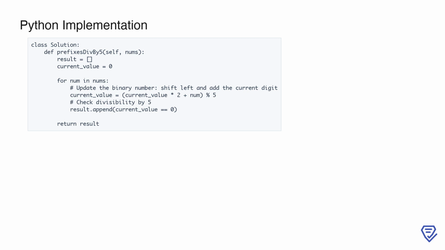The result of this check is appended to the result list. Finally, the function returns the complete list of Boolean values, where each element corresponds to whether the respective prefix is divisible by 5. This approach efficiently handles large input arrays and avoids unnecessary computations, making it suitable for competitive programming scenarios or real-world applications where performance is critical.